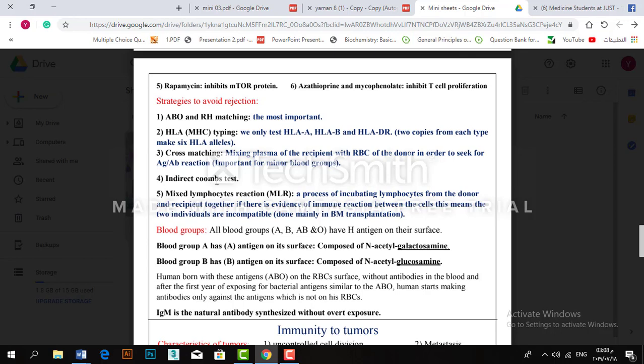We mix plasma from the recipient with red blood cells from the donor in order to seek an antigen antibody reaction. Okay.